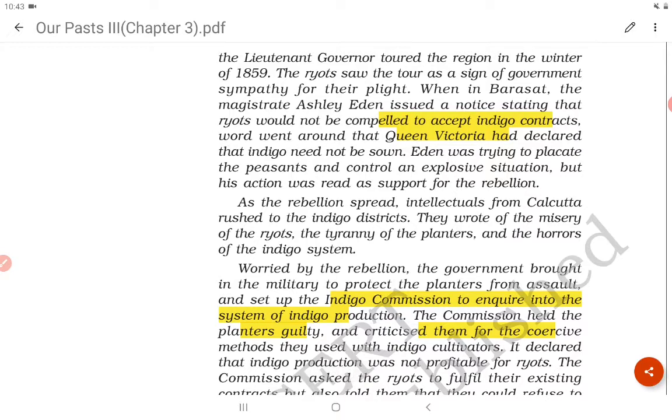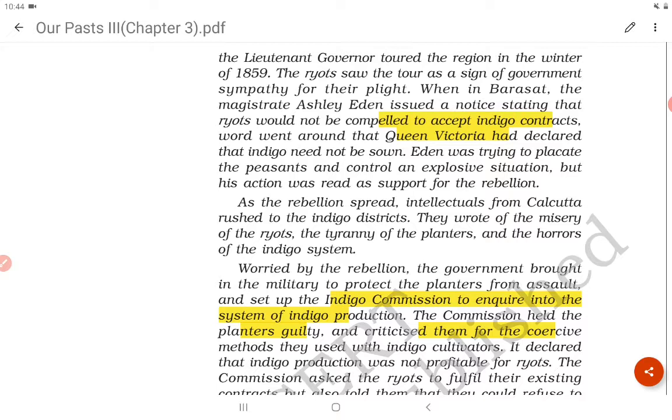The magistrate Ashley Eden issued a notice stating that ryots would not be compelled to accept indigo contracts. Word went around that Queen Victoria had declared that indigo need not be sown.